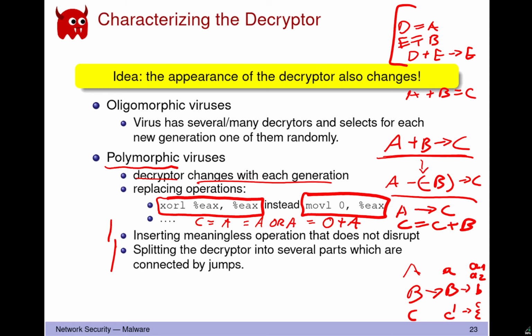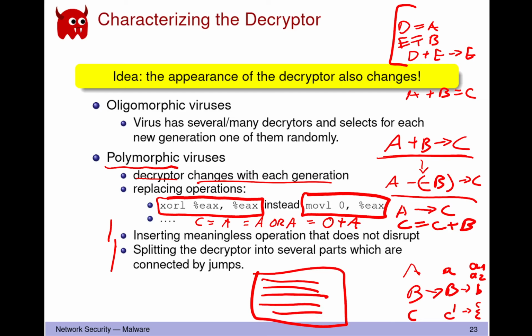Also, if you know that the antivirus software is looking for a decryptor of, say, 5 instructions in a specific pattern, where it opens the text file, processes the data, and writes it somewhere else, then you can first open the text area, read it and write it somewhere in the storage.